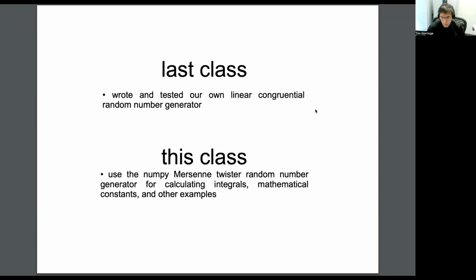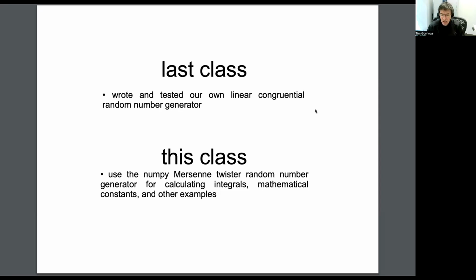In the last class, we wrote our own generator of random numbers, and it was based on simple arithmetic involving multiplication and division and addition.